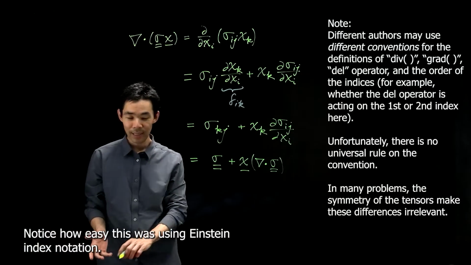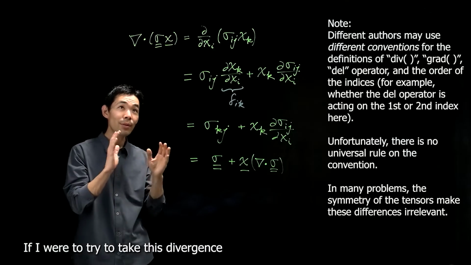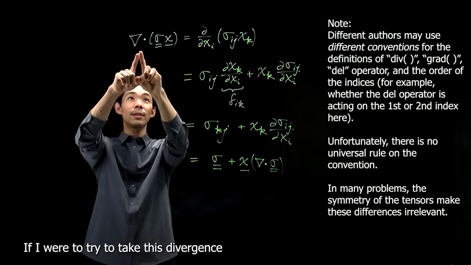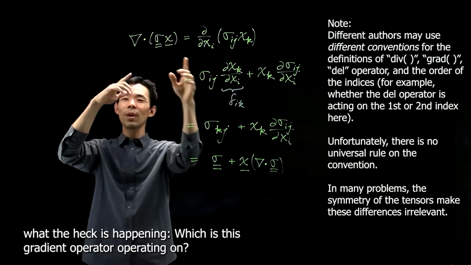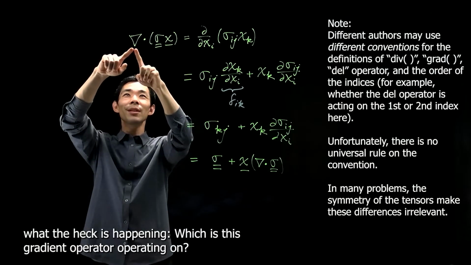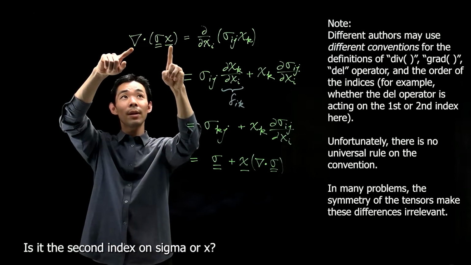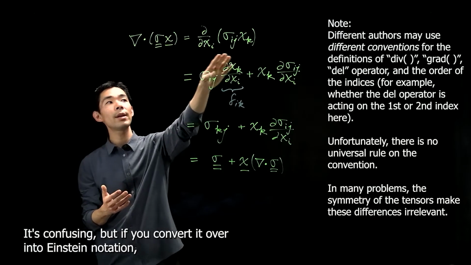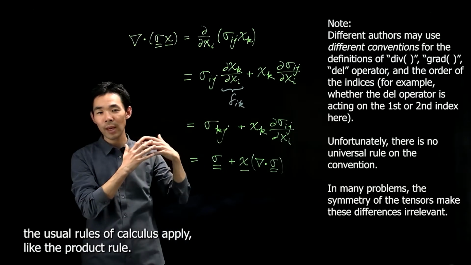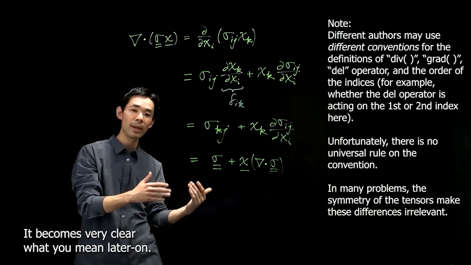Notice how easy this was using Einstein index notation. If I were to try to take this divergence directly, I would be a little bit confused on what the heck is happening. Which thing is this gradient operator operating on? Is it the second index on sigma or x? It's all very confusing. But if you convert it over into Einstein notation, usual rules of calculus then apply, like the product rule. So it becomes very clear what you mean later on.